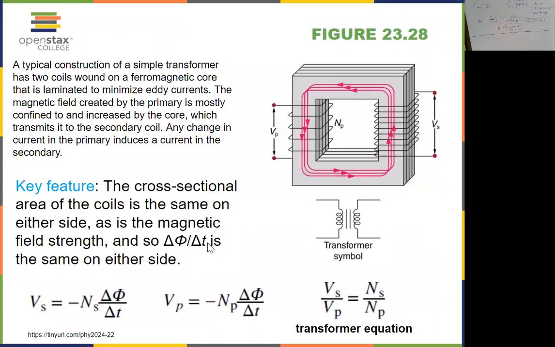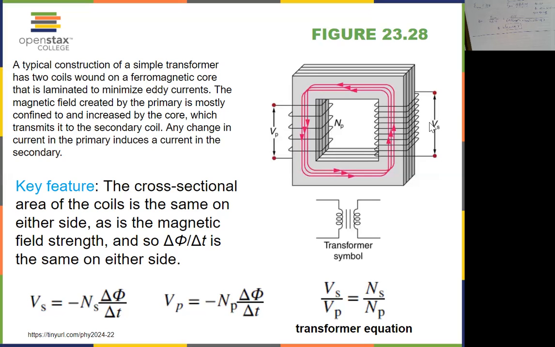All right, so this is what a transformer looks like. It has this metal piece, a ferromagnetic material, and then it has coils on one end and also coils on the other end. If this is a step-up transformer, then the primary coil will have fewer turns than the secondary, because here the voltage will be smaller and over here the voltage will be larger.